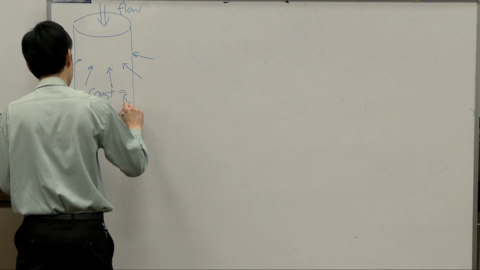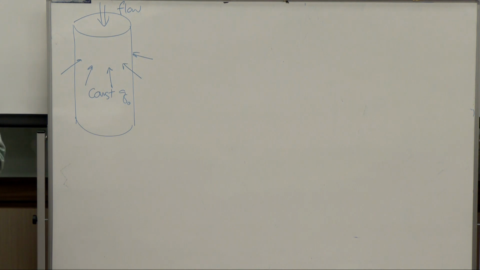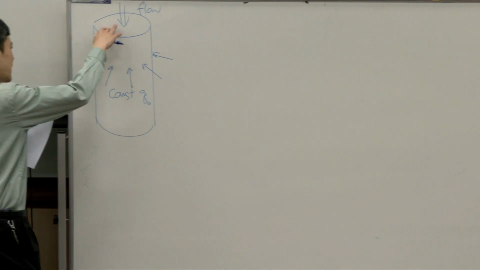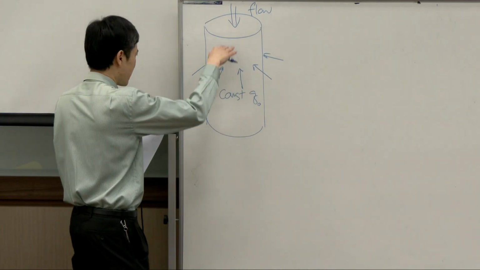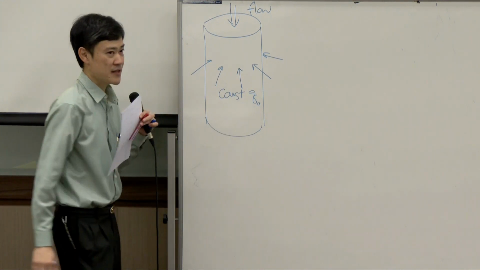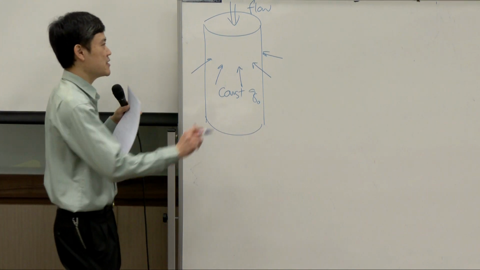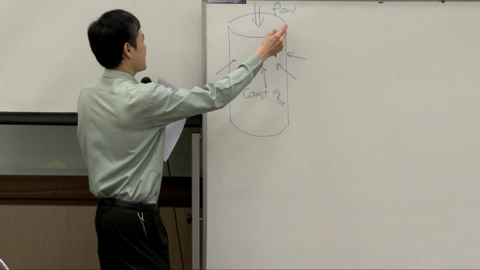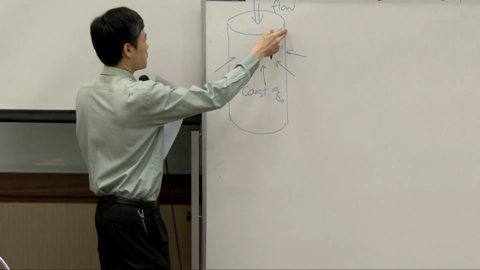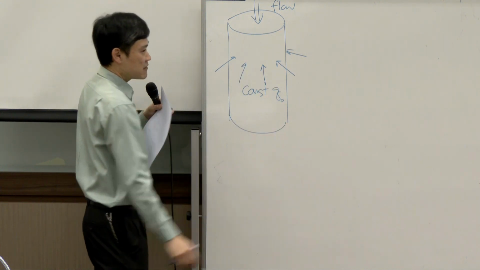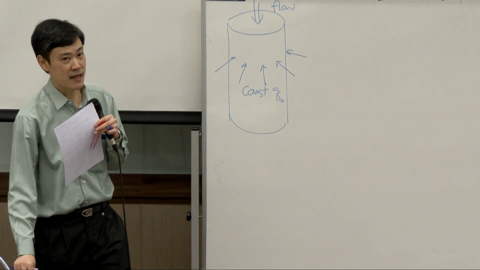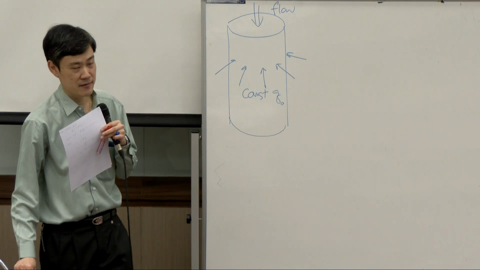The word constant flux means the flux at the inlet, on the middle part of the pipe, and at the end remains the same. So in order to get the constant flux, that means the temperature of the wall at the very beginning is supposed to be small, and at the end supposed to be large to keep the driving force constant. Okay?